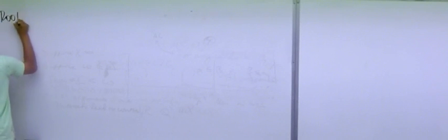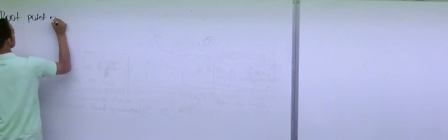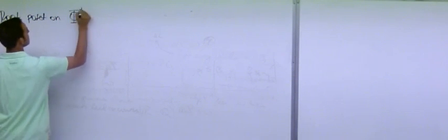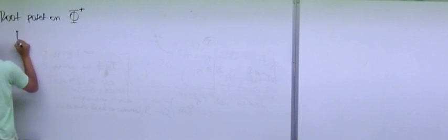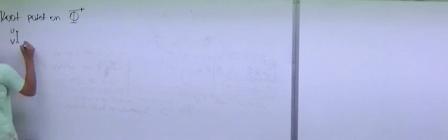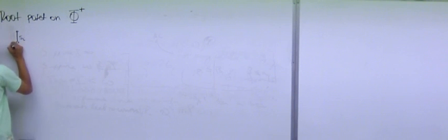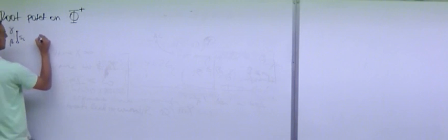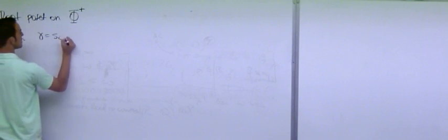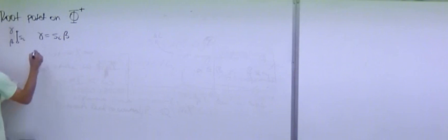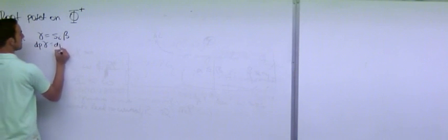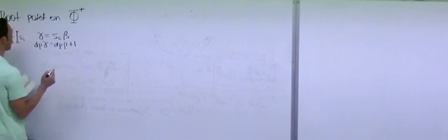So remember we have this root poset on the positive roots, where you have an edge from beta to gamma labeled by s_i when gamma is equal to s_i beta, and the depth of gamma is the depth of beta plus 1, right? And then we said that these edges can be short or long.